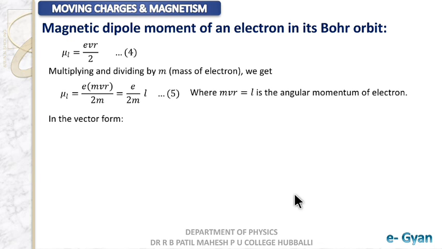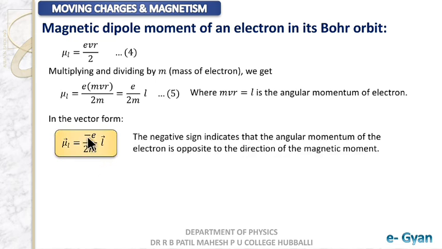Proceeding ahead, in the vector form, it comes out to be mu L is equal to minus e divided by 2m L. Here one point to be noted is that the negative sign indicates that mu L is opposite to the direction of L. So here let us define a ratio called the gyromagnetic ratio.